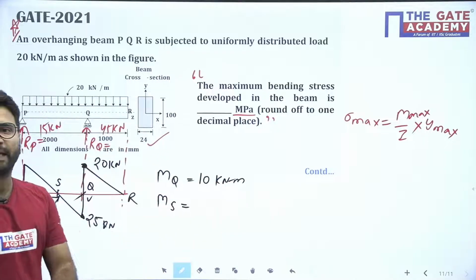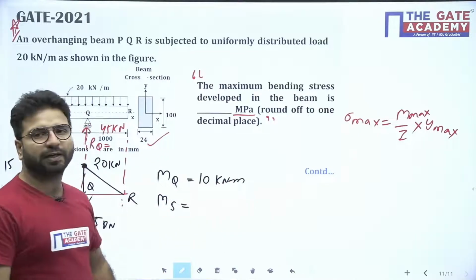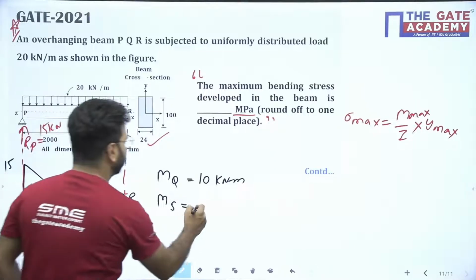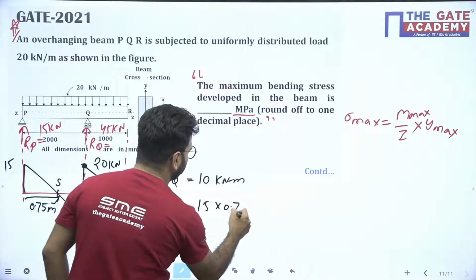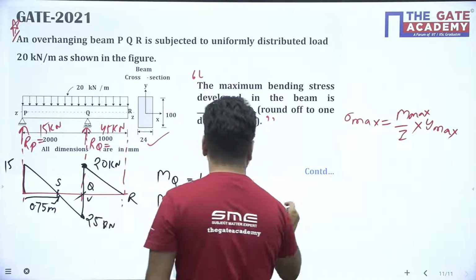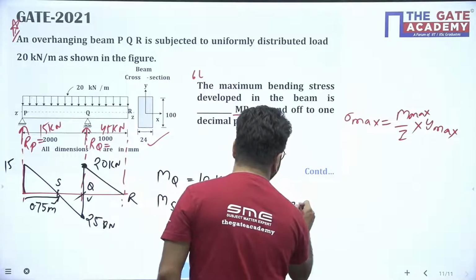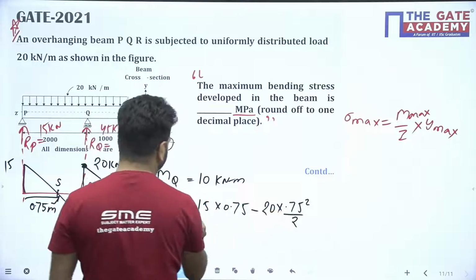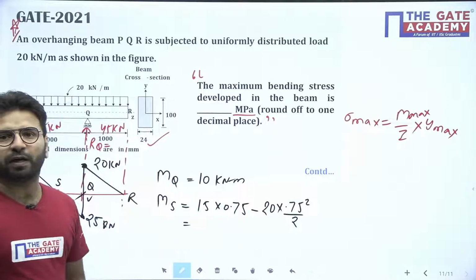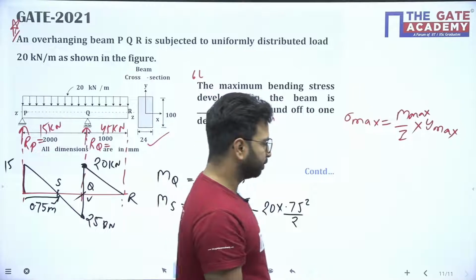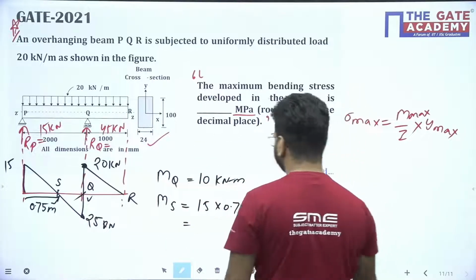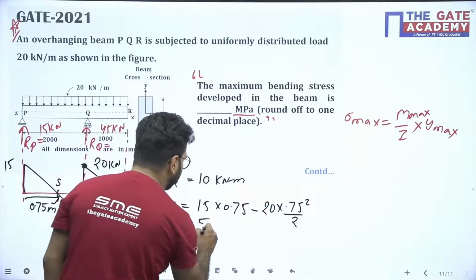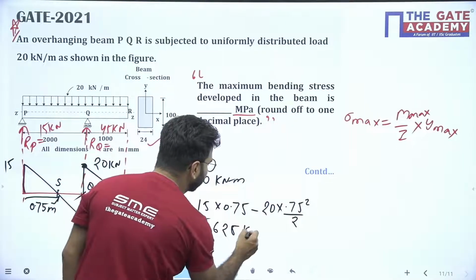At S, how much will it come? 15 into 0.75 minus 20 into 0.75 squared by 2. Here it will be sagging, so I am taking plus, and here it will be minus 20 into 0.75 squared by 2. If you solve, it is going to come 5.625 kilonewton meter.